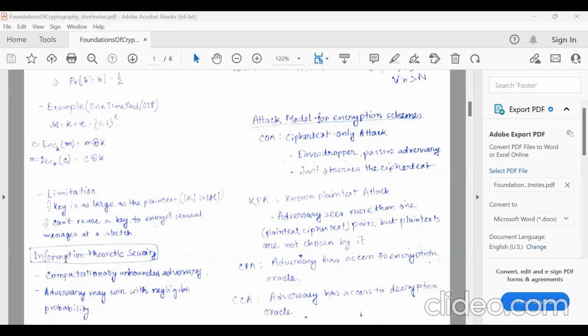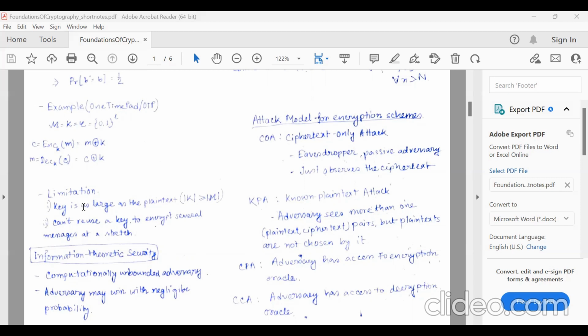But before going to computational security, I would just like to mention that in case of information theoretic security, there also you assume the adversary to have unbounded computational power, but there we allow the adversary to win with negligible probability. In case of perfect secrecy, your adversary will be computationally unbounded, and your adversary is never able to win the corresponding security game, not even with negligible probability.